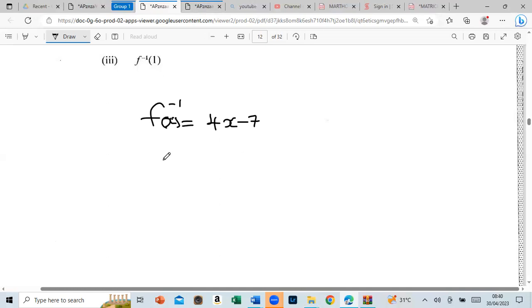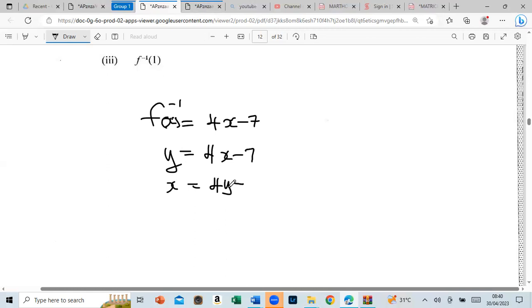All right. So for the inverse, first you change the function to y. And what we're going to do is interchange x for y and y for x. Where x is, you put y, where y is, you put x.